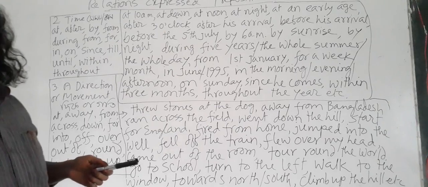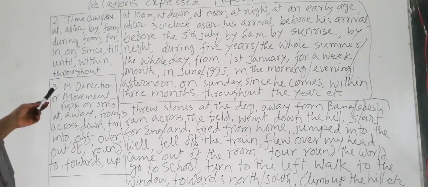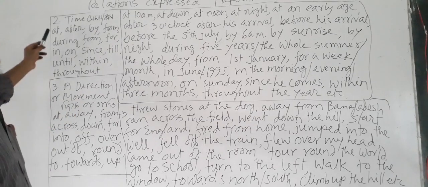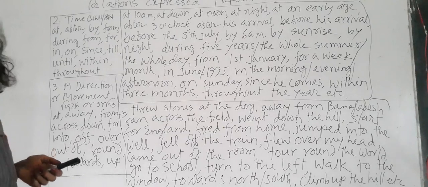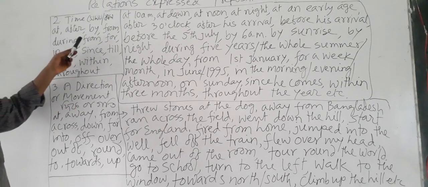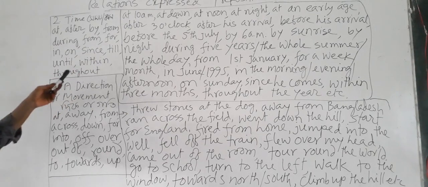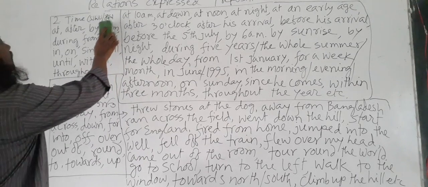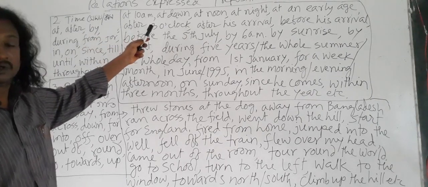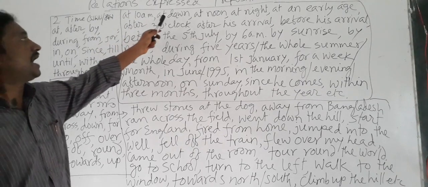Okay, here we will follow the relations expressed by prepositions. Number 2, time. In the case of time, we can use these prepositions: at, after, by, from, during, for, in, on, since, till, until, within, throughout. When we use time, we simply use at 10 a.m., at dawn.